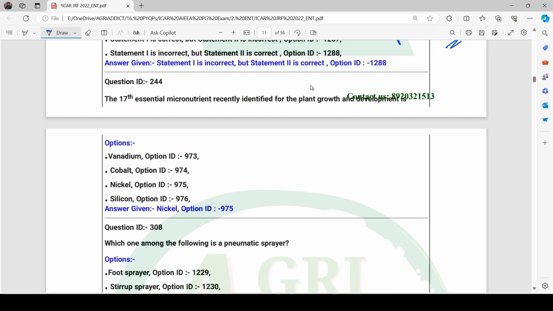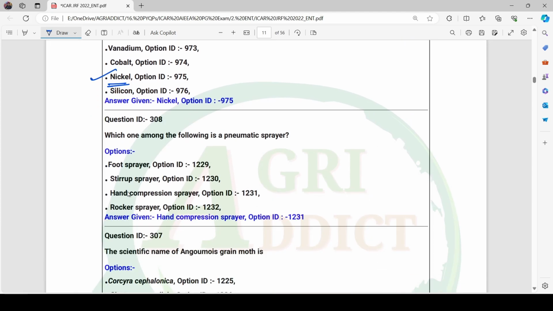The 17th essential micronutrient recently identified for plant growth and development is nickel. Next question is, which one of the following is a pneumatic sprayer? So what are the pneumatic sprayers?